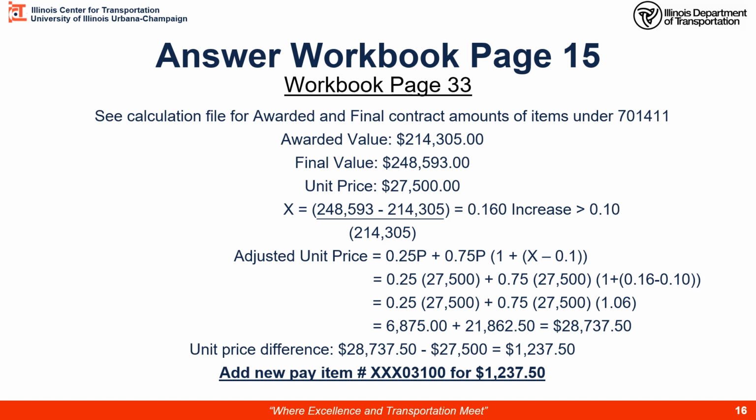So on page 114, if you go down just to the third line, you'll see XXX 03100, which is the traffic control price adjustment per contract specification. You're going to adjust your quantity to be one, so it's one each or one lump sum, and then this is the value of that lump sum. So that is your adjustment, a positive value of $1,237.50.